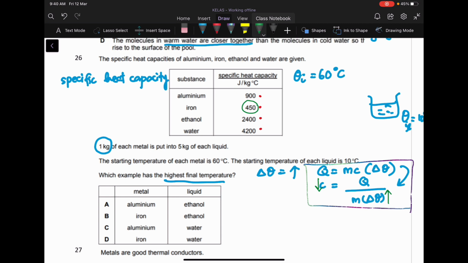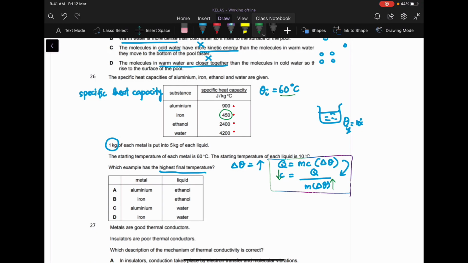Highest final temperature. And then liquid, which one has low specific heat capacity? 60 degrees Celsius, and this one 10 degrees Celsius. Which object, does the liquid transfer heat energy to the solid, or does the solid transfer more heat energy to the liquid?